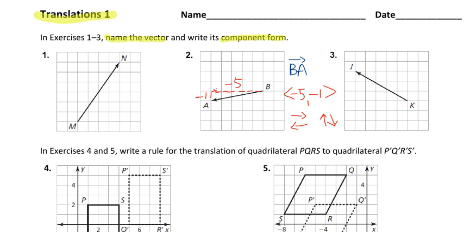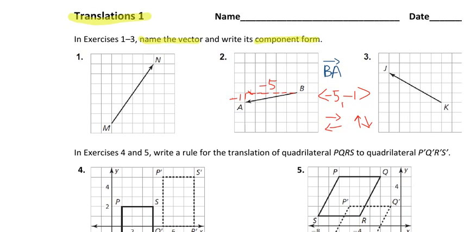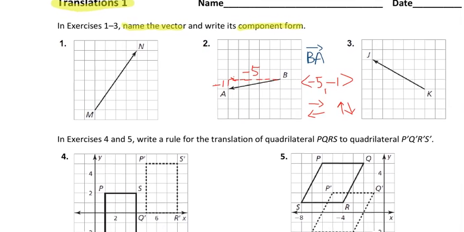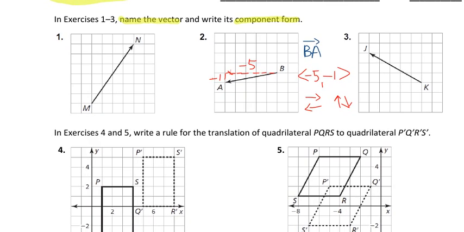So I'm going to go to exercises now, 4 and 5. In this case, it says, in exercises 4 and 5, write a rule for the translation of quadrilateral PQRS to quadrilateral P prime, Q prime, R prime, S prime.